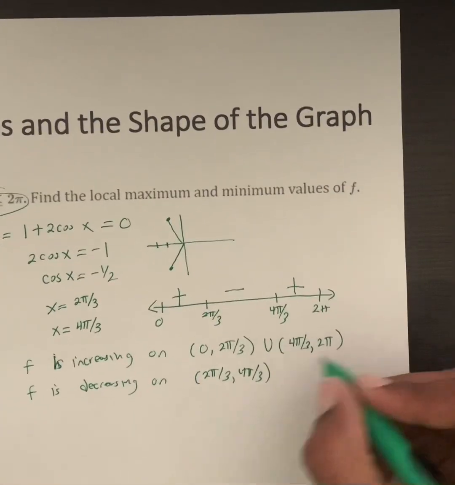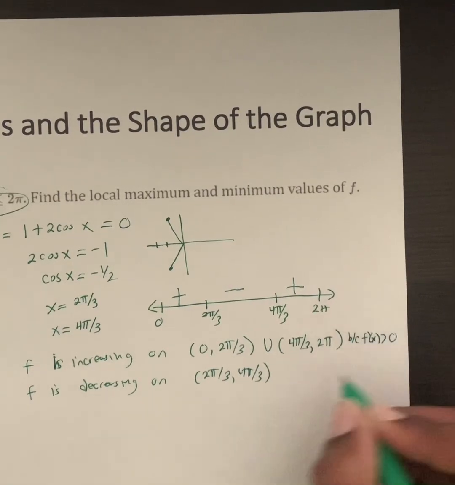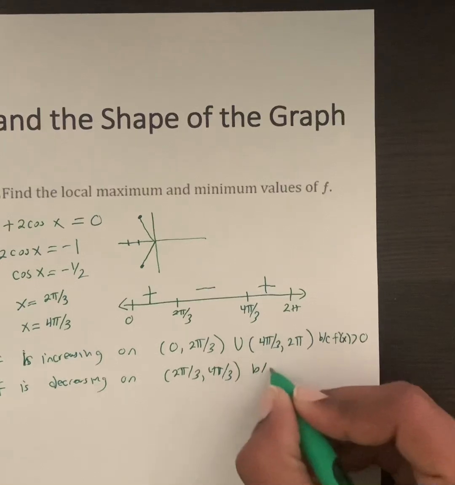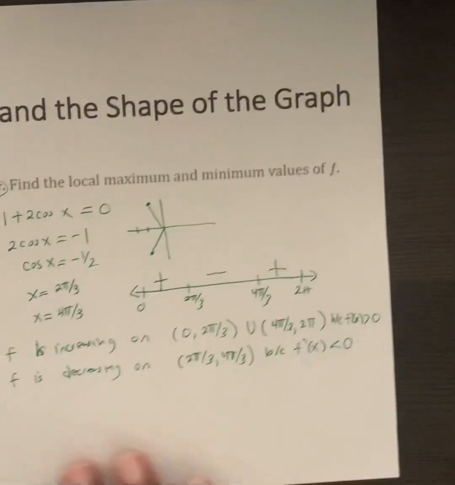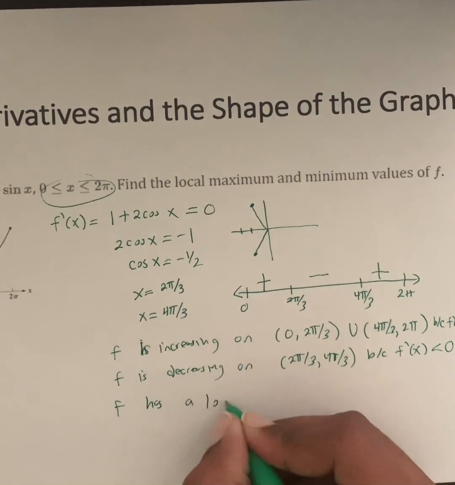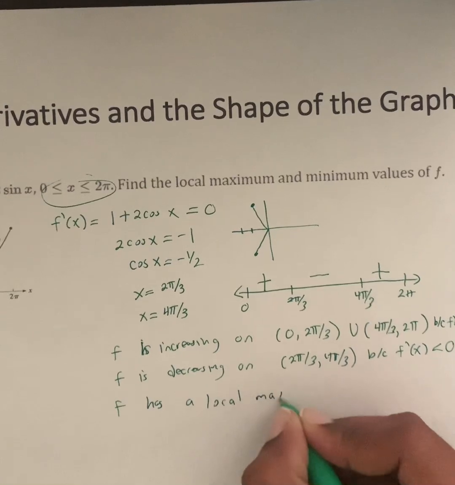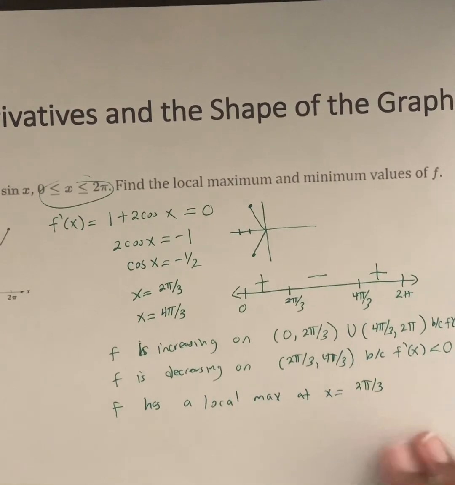Note the increase because f prime is positive, decrease because f prime is negative, and then f has a local max at x equals 2 pi over 3.